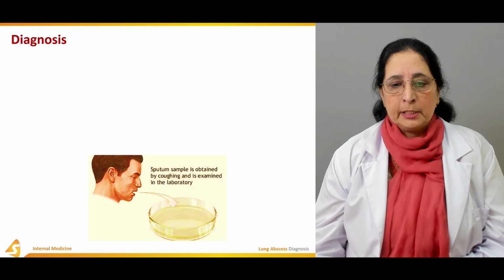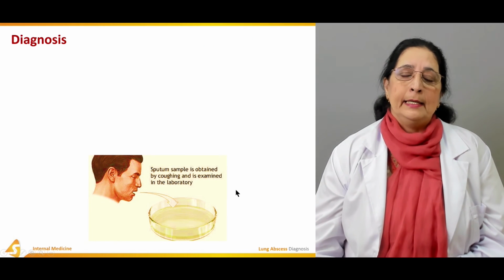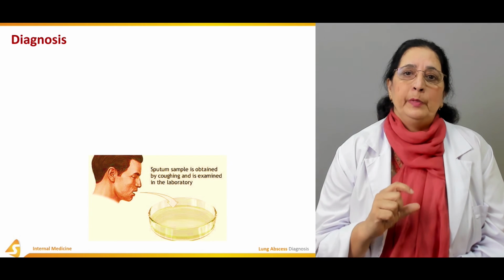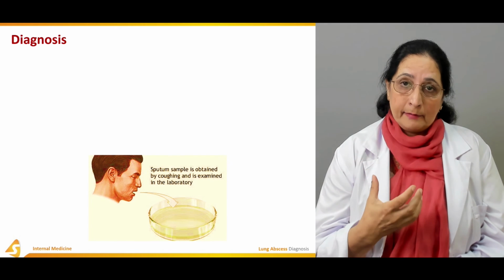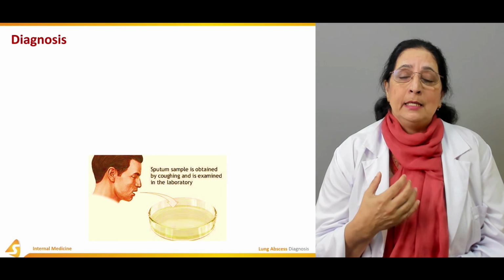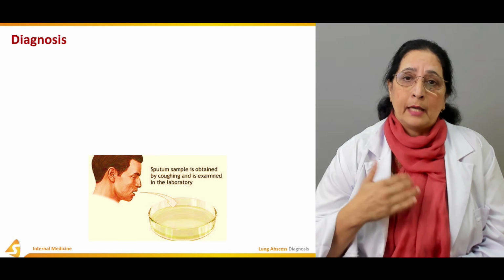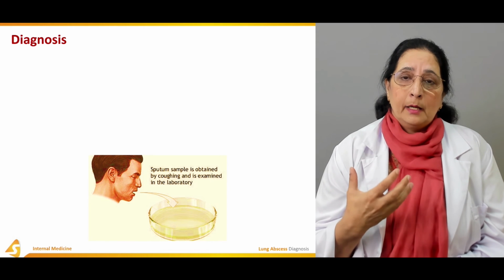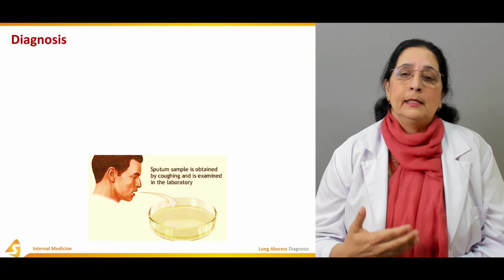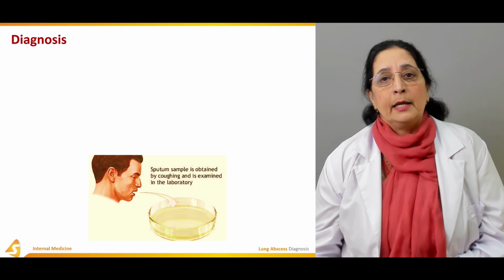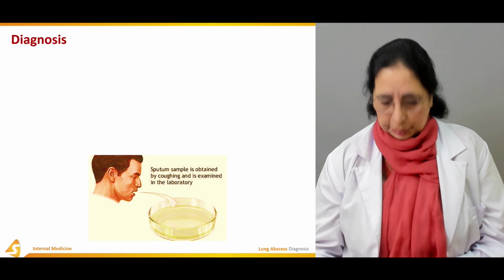Again, the sputum sample is obtained by coughing and examined in the lab. It's important that the sputum should be collected, not the saliva from the mouth. The sputum or phlegm is the secretion that comes out. Tell the patient how to bring out the sputum, cough deep, and then collect that sputum sample in the container that will be used for the culture.